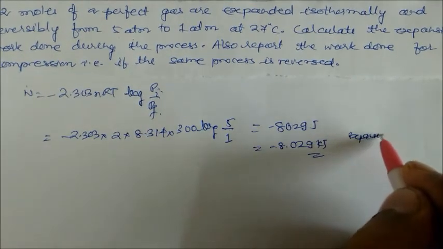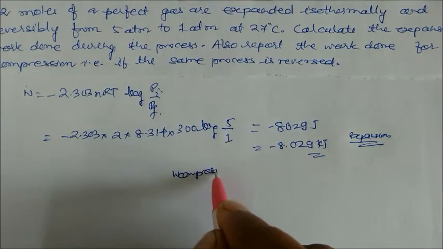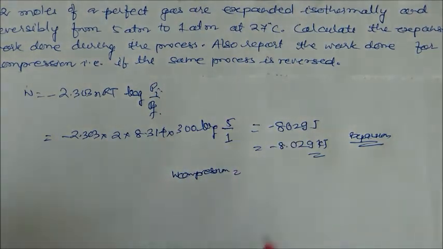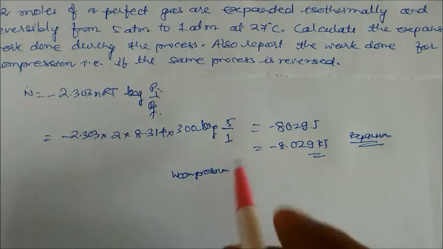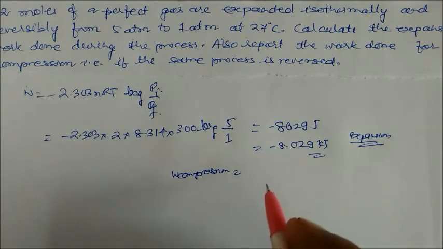For compression, the work done will be just the reverse of this one. For compression, the numerical value of the work done will remain the same, but the sign will be changed. So work done will be positive.